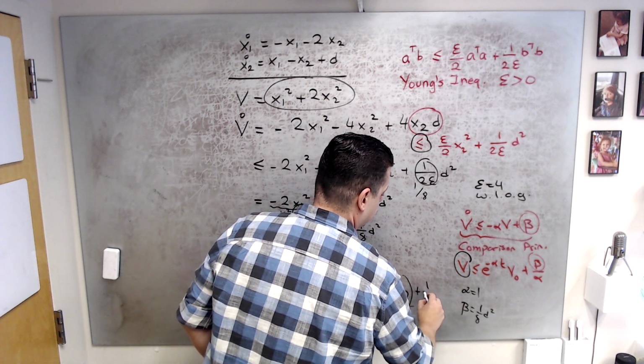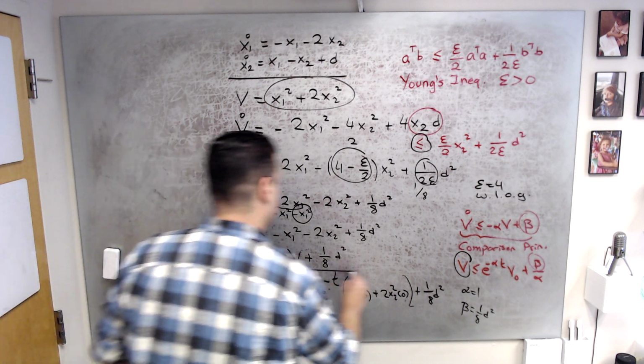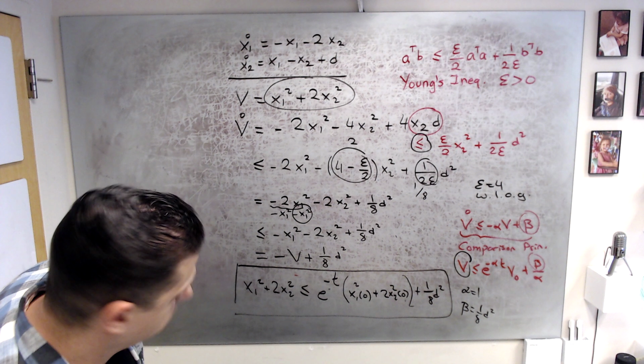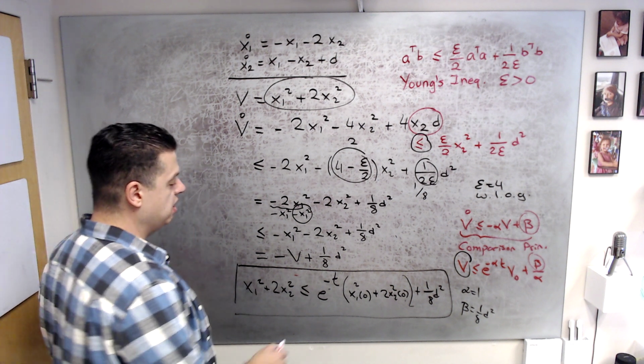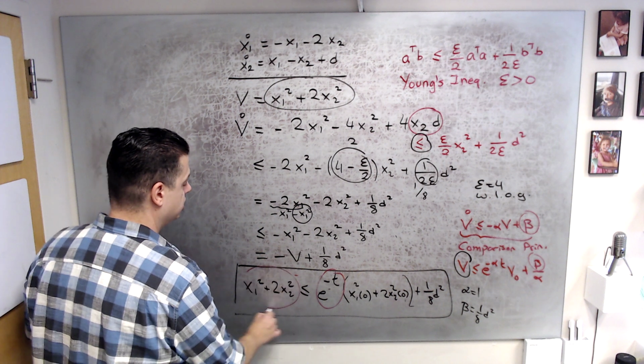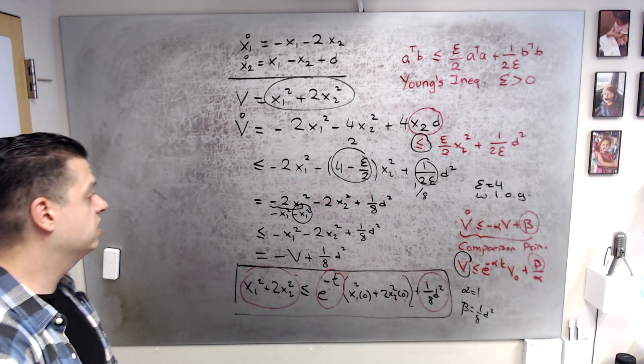In this case, alpha is 1. So this is what we get finally. So x1 and x2 are bounded. After some time, basically the solution will be trapped on this circle in this case.